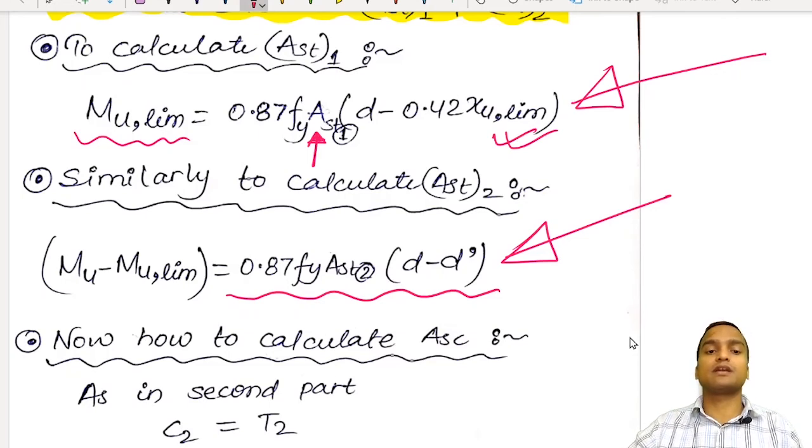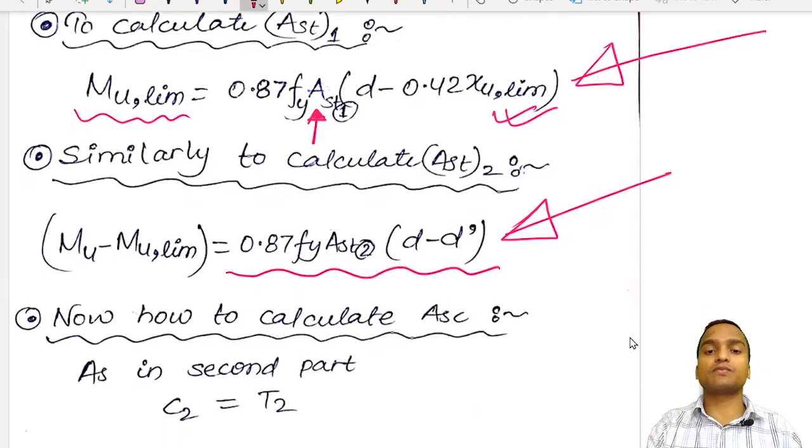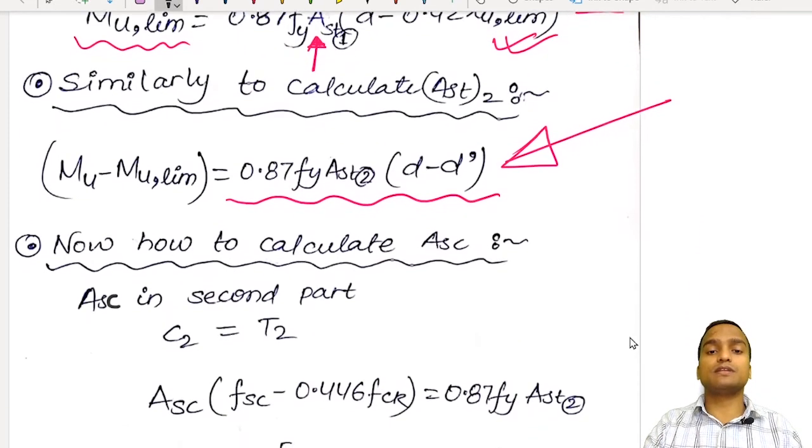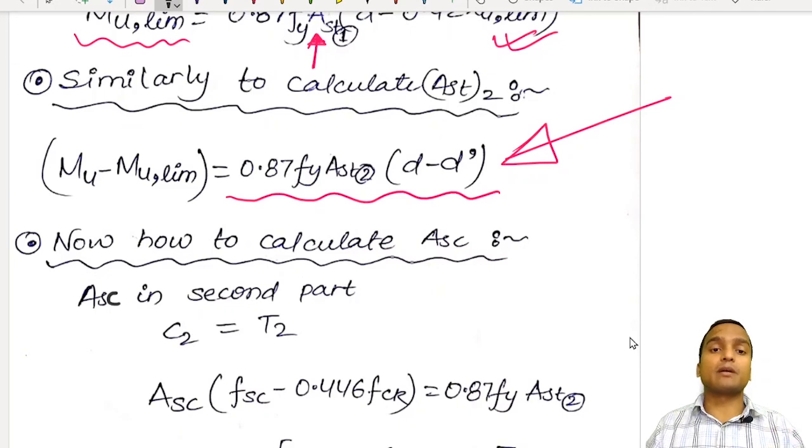and in this equation only Ast2 is unknown and we can calculate it very easily. Now how to calculate the value of area of steel reinforcement in compressive zone? If you see, the steel reinforcement in compressive zone is only in the second figure.